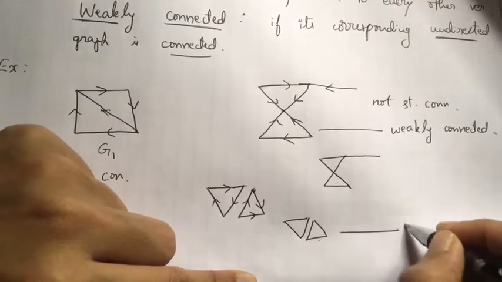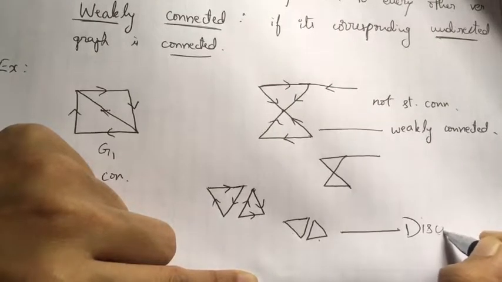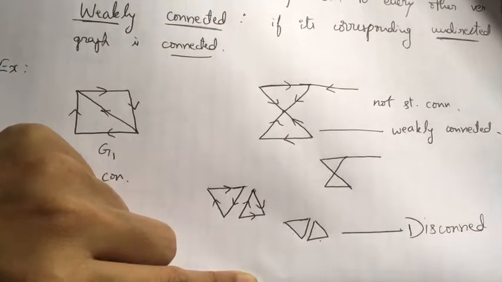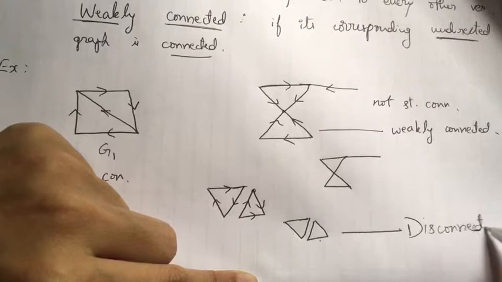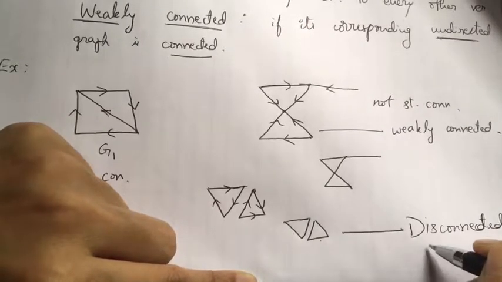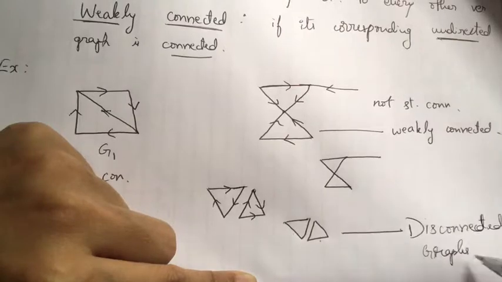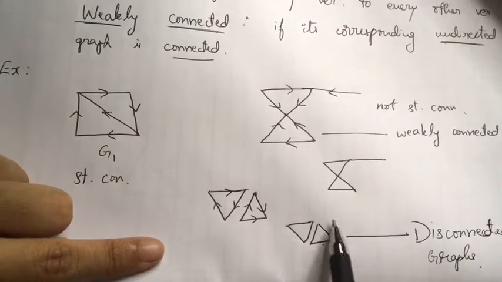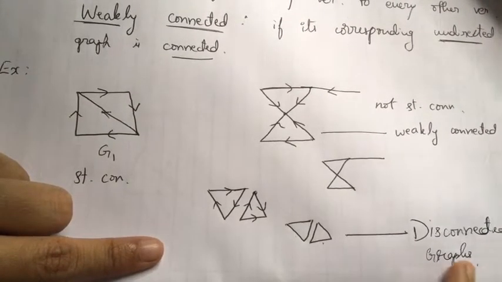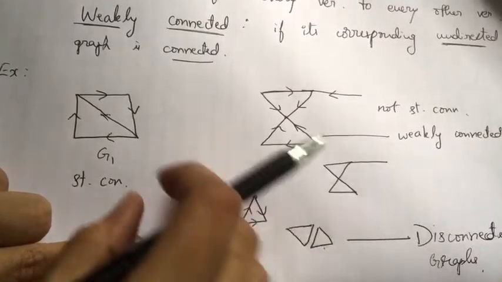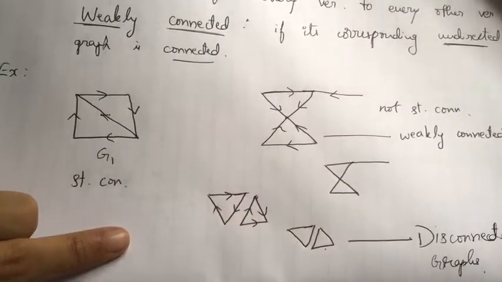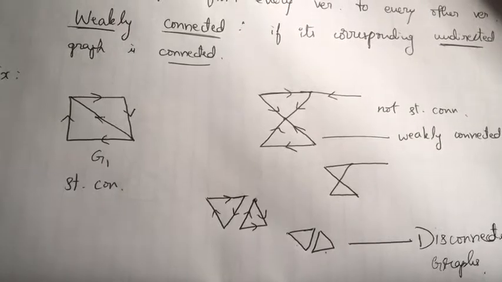Therefore, I can say this is a disconnected graph or digraph. So a digraph that is not connected is called disconnected.